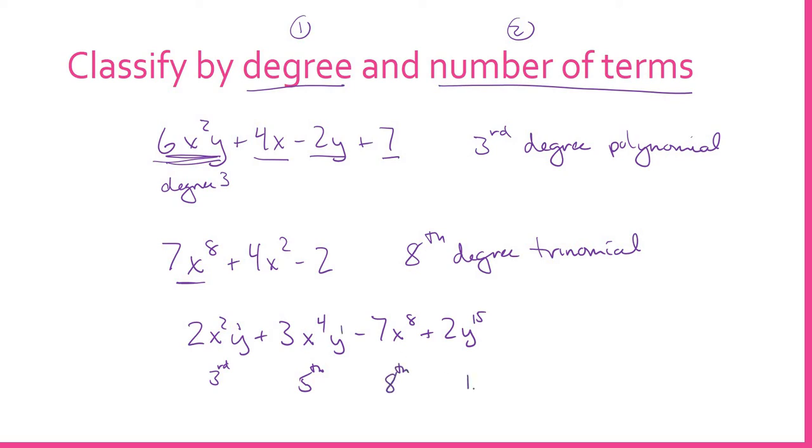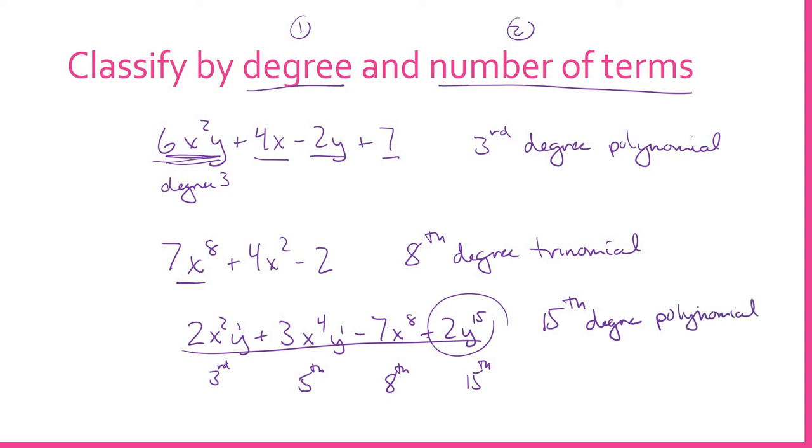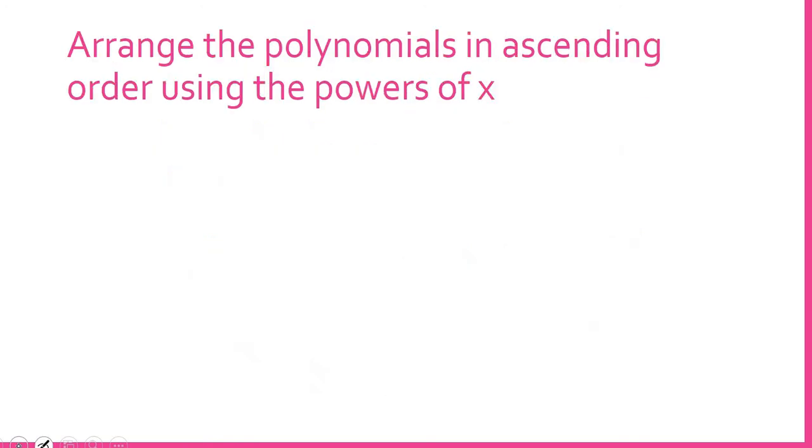This is 8th and this is 15th. So that's my highest power. So the entire polynomial is a 15th degree, and 1, 2, 3, 4, too many terms for a special name, so polynomial. Okay?